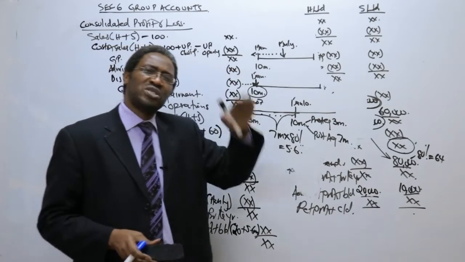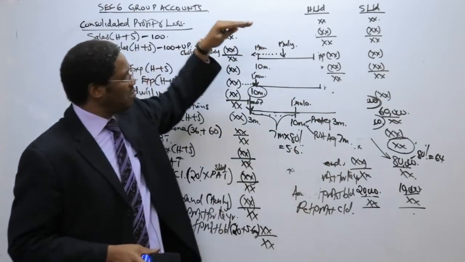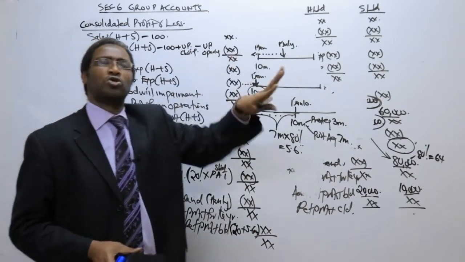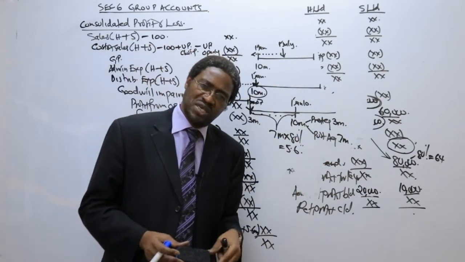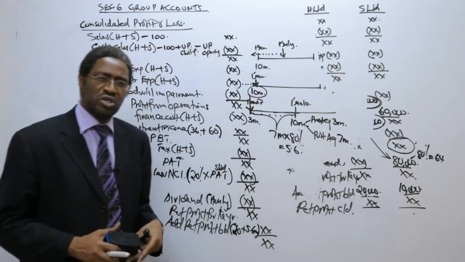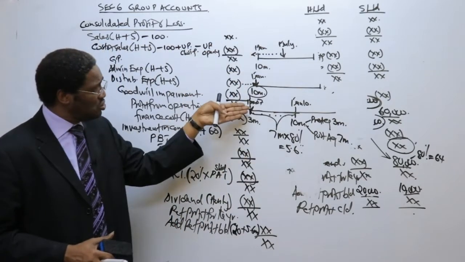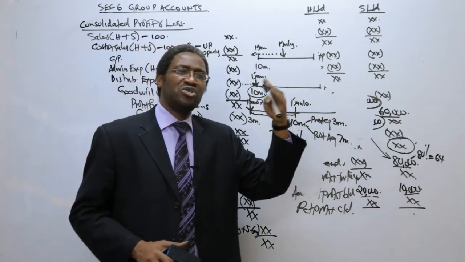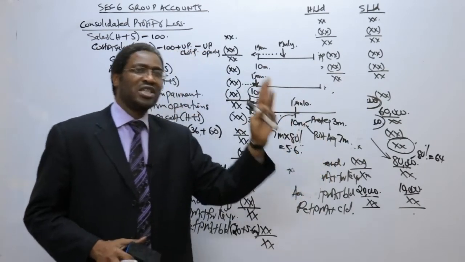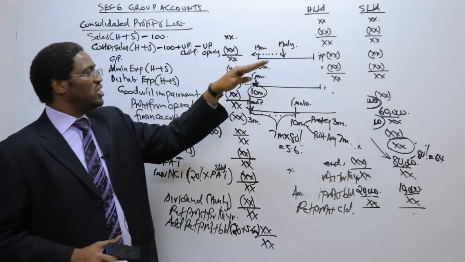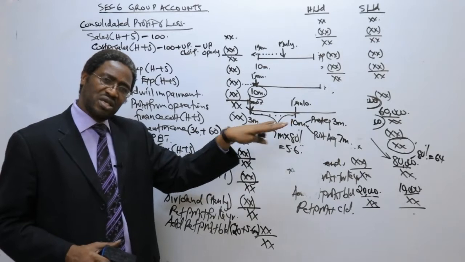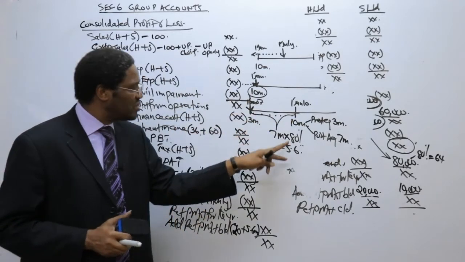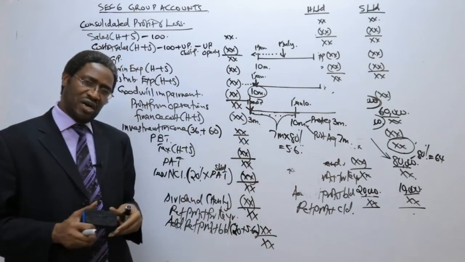So whenever you see a question and it's a case number 1, or a case number 2, then you automatically should conclude that the brought down, whatever they are giving you in those 2 cases, all of them being pre-acquisition, you don't take anything out of it. The only time you are entitled is when you are dealing with a subsidiary as a case number 3, whereby you are entitled to something out of their post brought down.